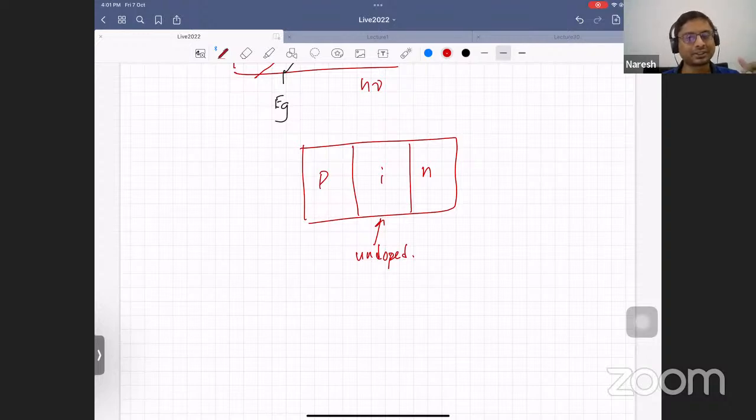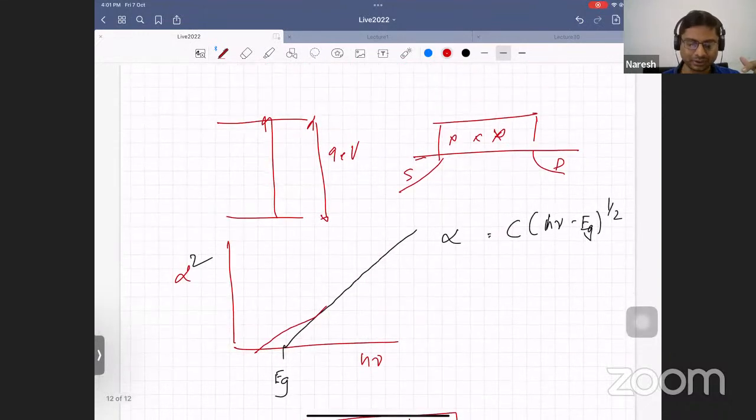We talked about traps. Some of these traps respond at certain frequencies, and some others don't respond. So you can infer a lot about the physics of the semiconductor device by measuring the CVs. What we did was the basic high frequency, low frequency, but there's a lot more to it.